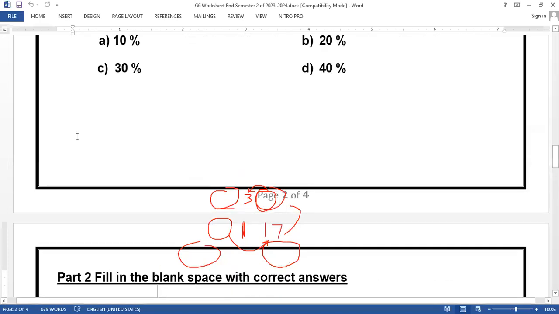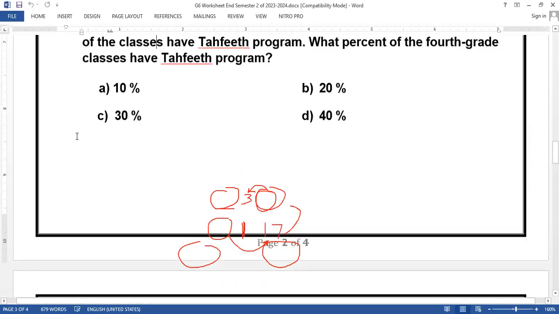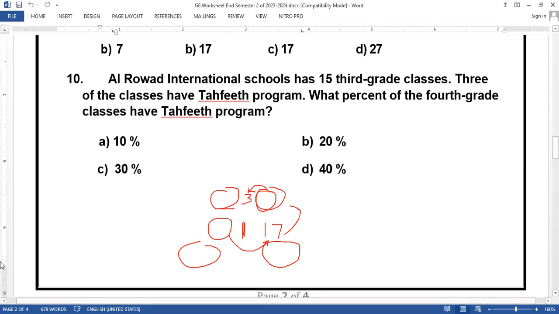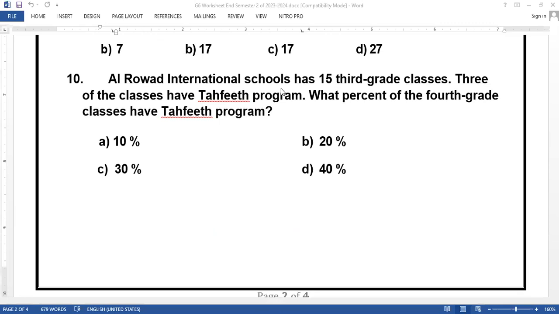Question number 10. Arwad International Schools has 15 third grade classes. 3 of the classes have the Tahfiz program. What percent of the classes have the Tahfiz program?